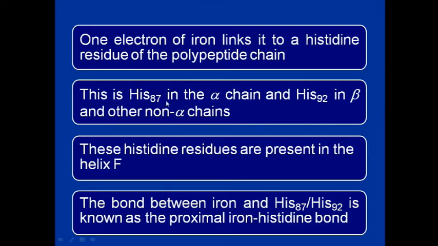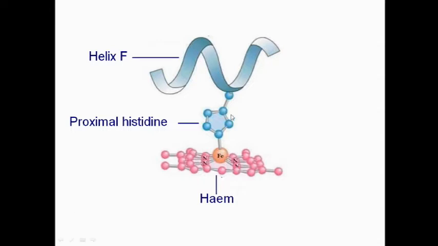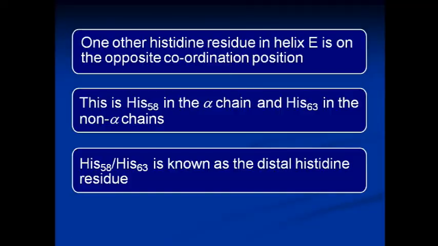This histidine is at position 87 in the alpha chain and position 92 in the beta chain, and these residues are present in helix F. The bond between iron and histidine 87 and 92 is known as the proximal iron histidine bond. It is showing here: this is helix F, and the heme group and iron are linked with the proximal histidine.